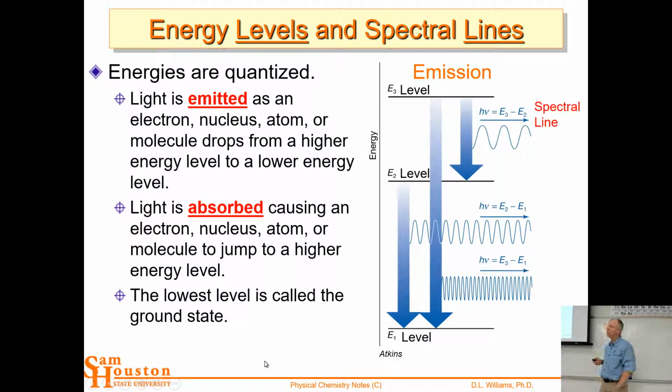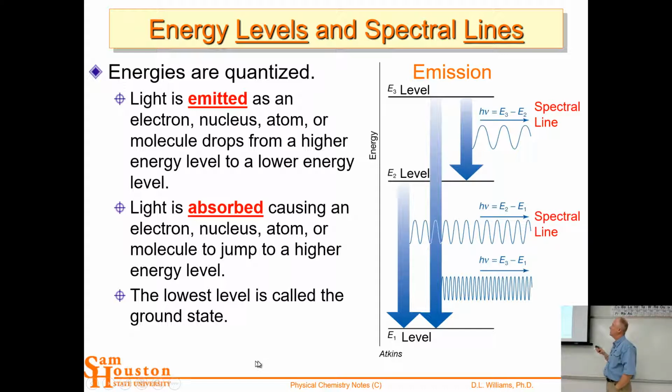So that's a spectral line up here, where you have a difference between E3 and E2. If an atom or a molecule drops from that level down, it spits out a photon of light that has this wavelength, and that energy is the difference between those energy levels. So lines are energy differences between two levels.